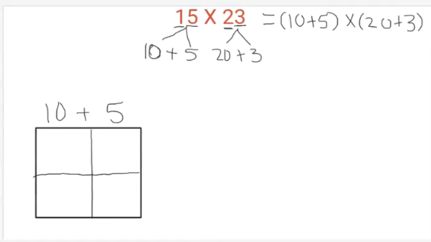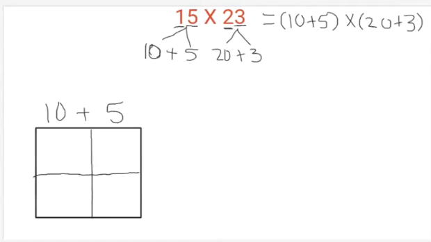So I make sure that I write my 10 above the first square, on the left of the vertical line. Okay, and then when I write my 5, I make sure that I write it above the second square and that it is on the right of our vertical line. So that way the numbers are separated for right now.